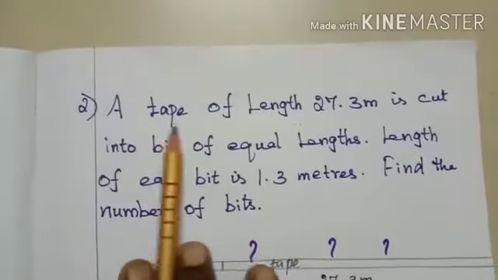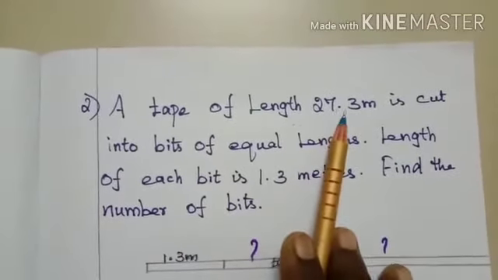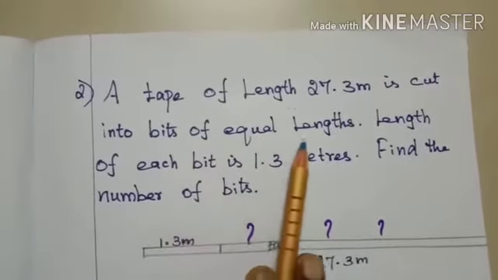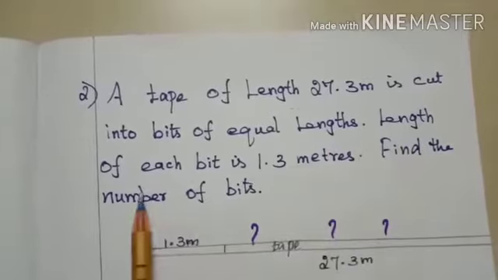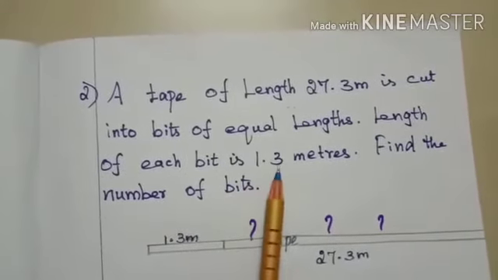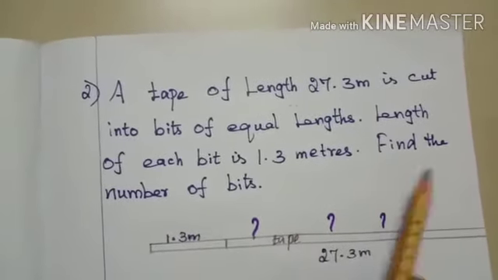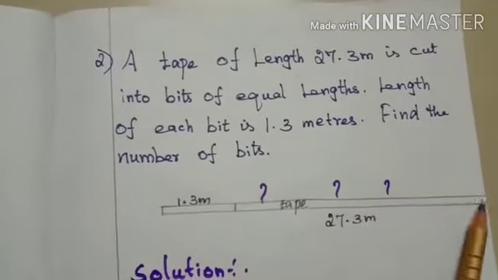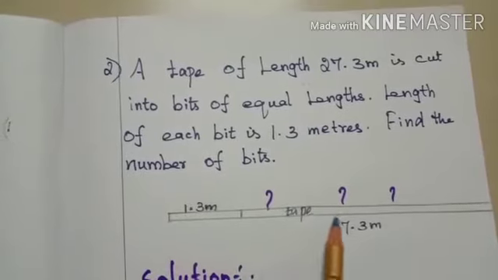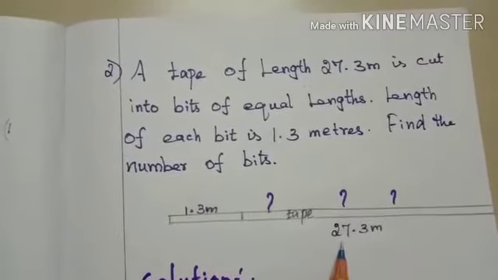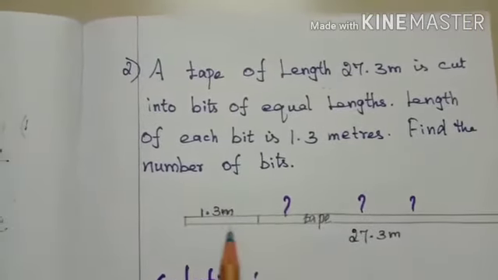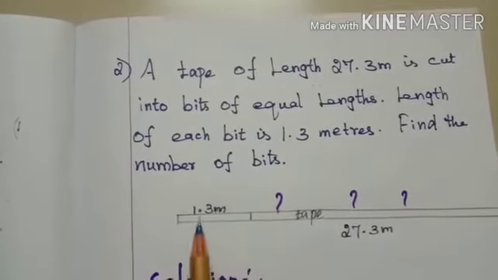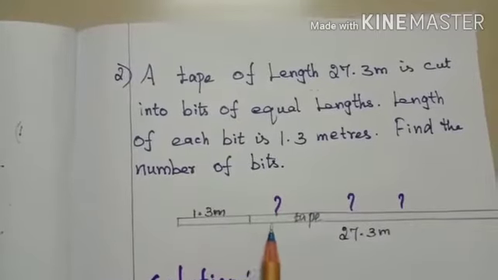Second sum: a tape of length 27.3 meters is cut into bits of equal lengths. The length of each bit is 1.3 meters. Find the number of bits. Here this is the tape. The total length of the tape is 27.3 meters. Here each bit is 1.3 meters.